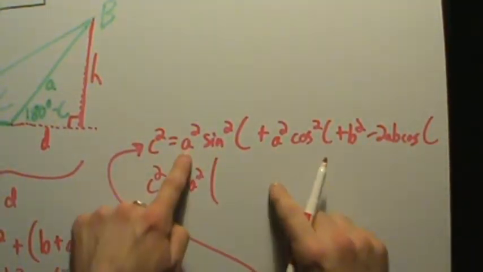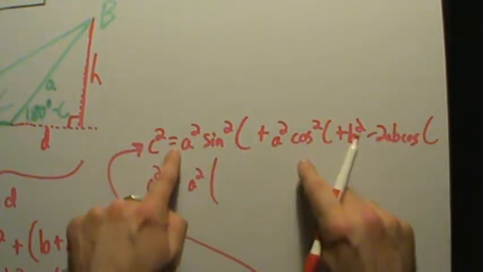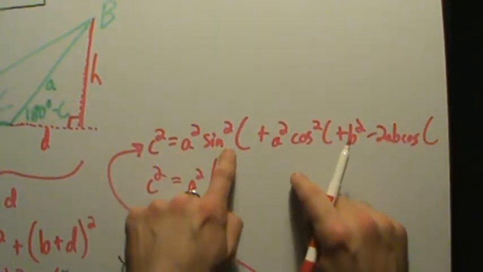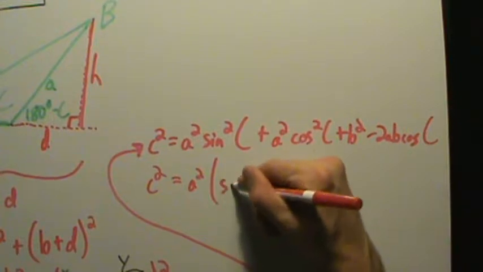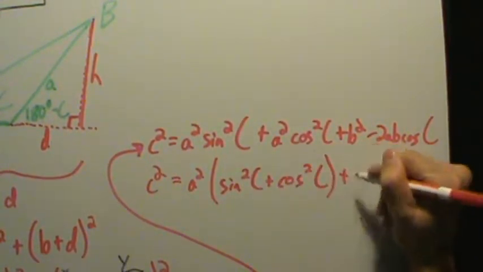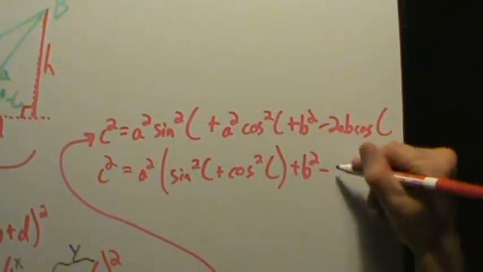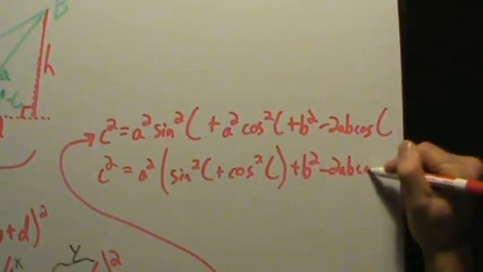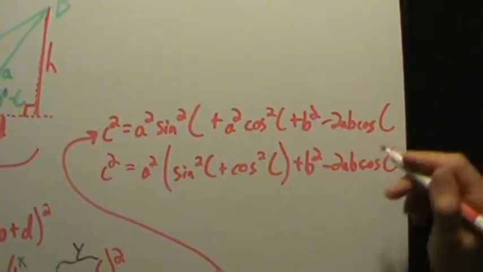So factor out the a squared, and from these two guys here, what's left is the sine squared of c plus the cosine squared of c, plus the b squared minus 2ab cosine of c.